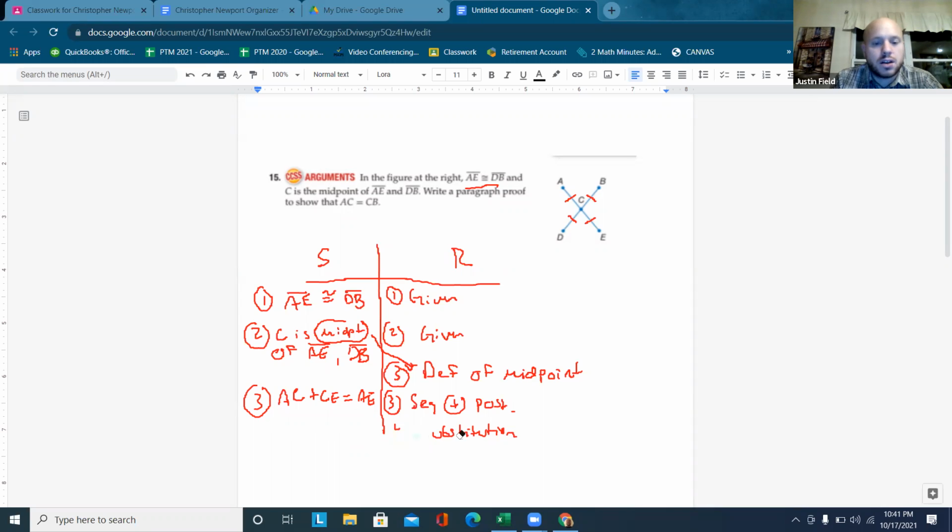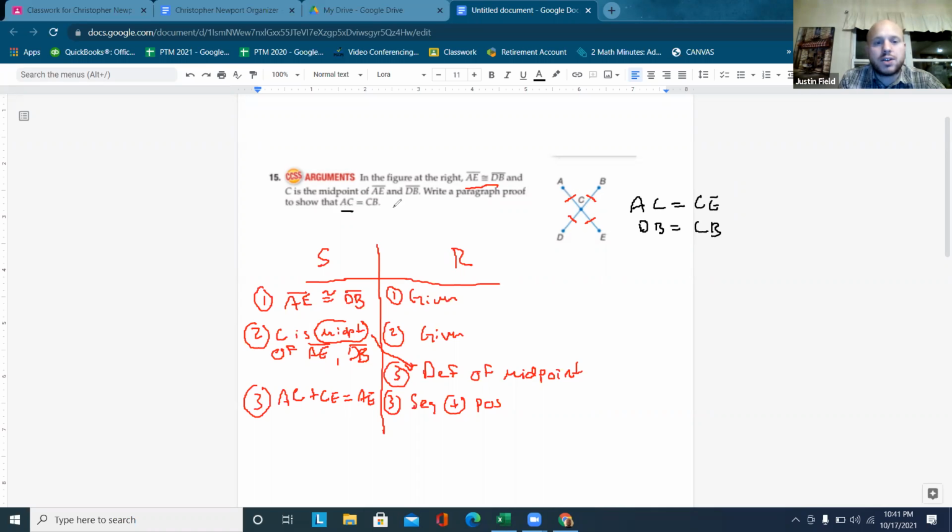And I'm going to stop at the segment addition postulate here. But we know that we have, now I might have to pause it again, but I think I have an idea here. So the thing that I forgot to say was, C is the midpoint. So that means C being the midpoint means AC equals CE, right? And also DC equals CB.